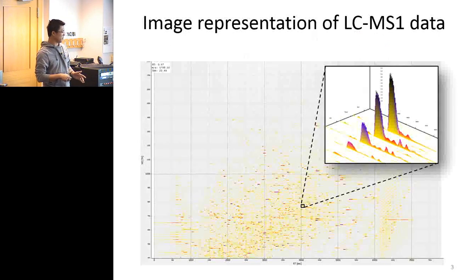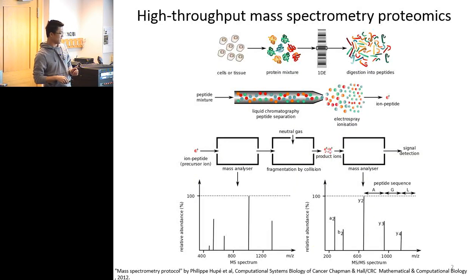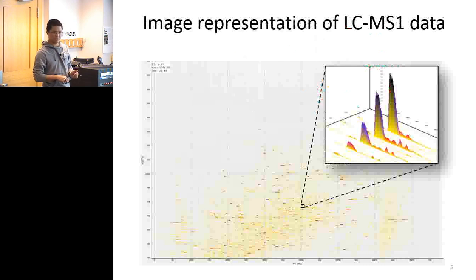Each time point represents one liquid chromatography time at which the instrument acquires a scan. Here the x-axis is time and the y-axis is mass. Each MS1 scan we just mentioned is one time slice of this image.